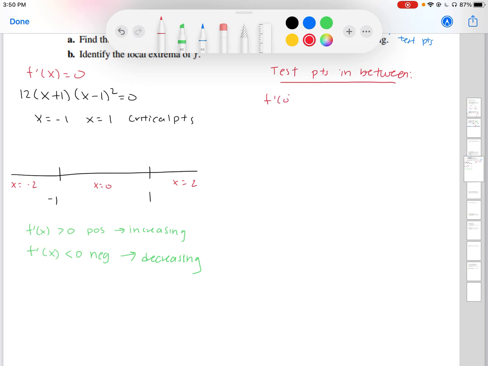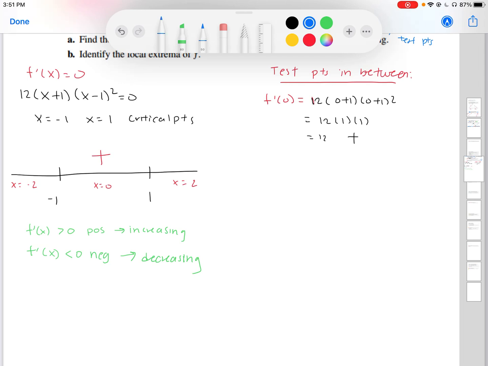So let's plug in 0 into our derivative, so that we have 12 times 0 plus 1, 0 minus 1 squared. We're left with 12 times 1 times 1 squared, which is 1. So all we care about is that it is positive. So at 0, we got that it's positive.